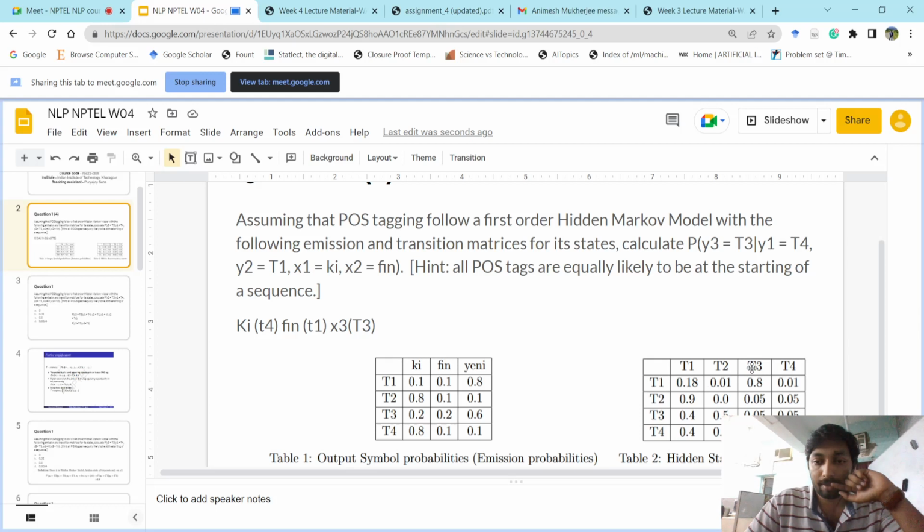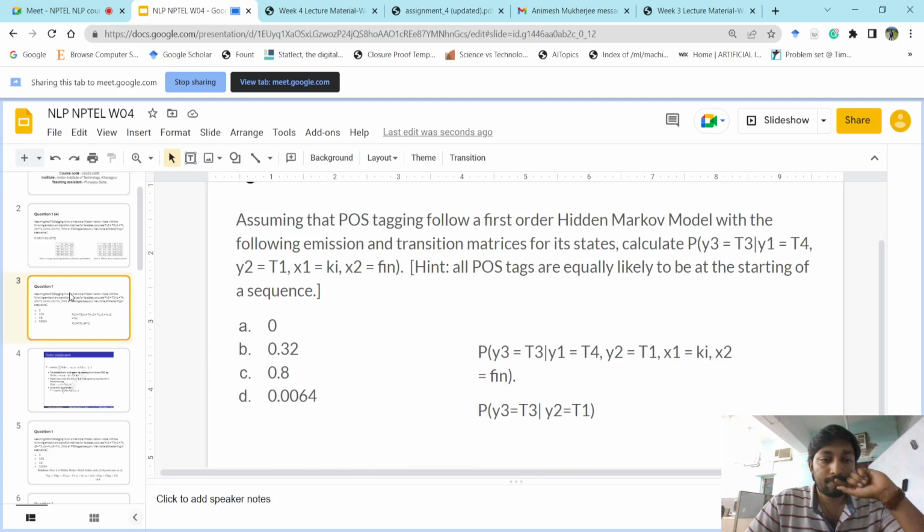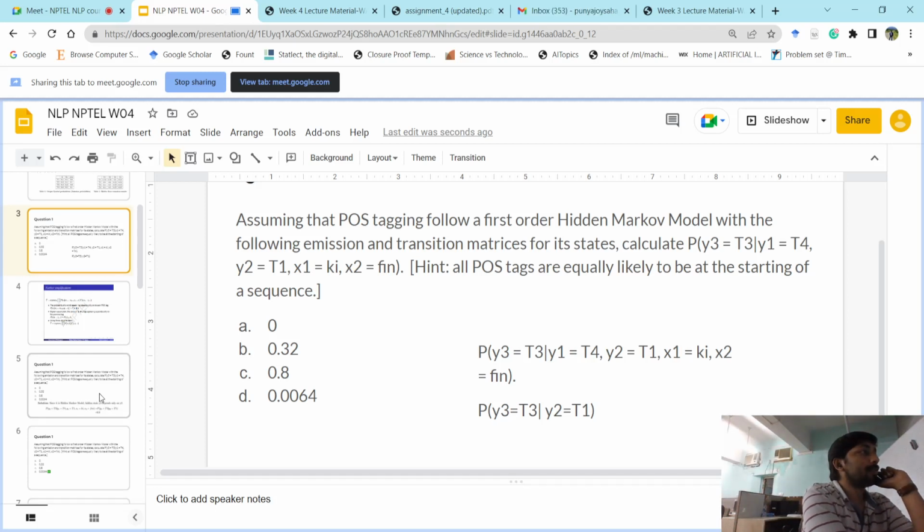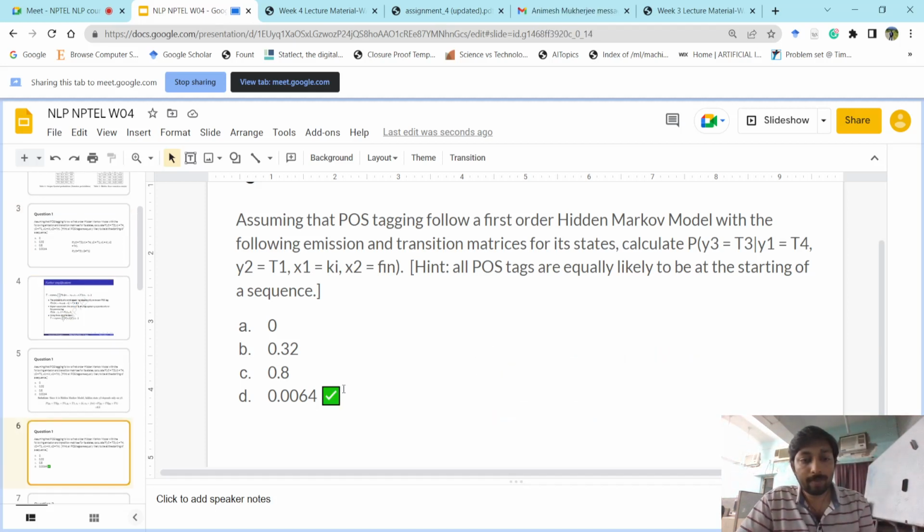This one, 0.8. Yeah, it is equal to 0.8. So that is the correct answer.